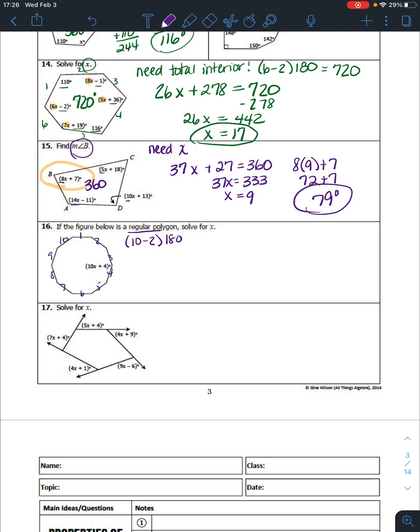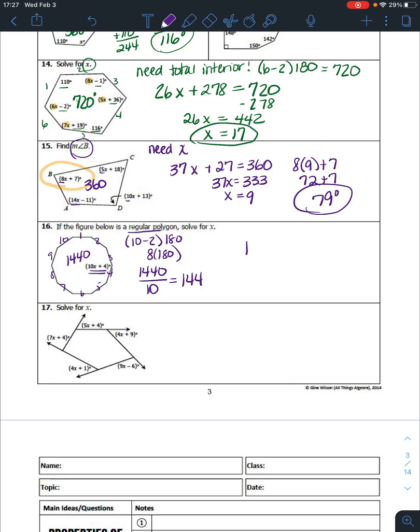Remember how to find the total interior. 10 minus 2 times 180. Okay, so 8 times 180 gives us what all of them should add up to. So that's 1,440. But I just want to know one of them. So if I take 1,440 and divide it by 10, one of them should be 144 degrees.